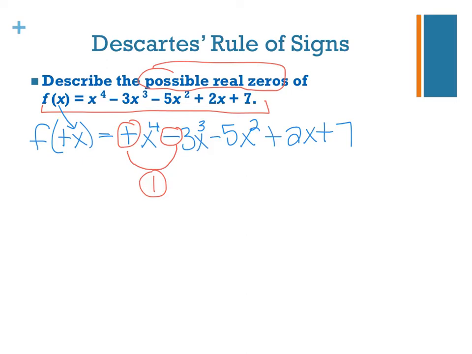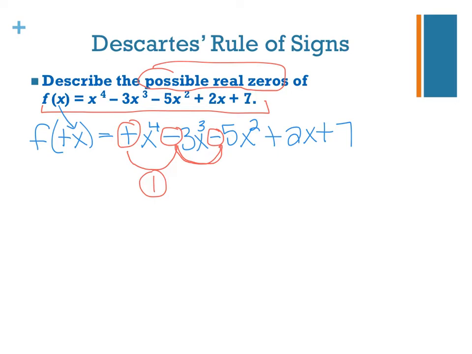Now, if I move from negative 3x cubed to negative 5x squared, I do not have a sign change because we have a negative and we move to the next term and it's still negative. We won't count that as a sign change because both terms are negative.